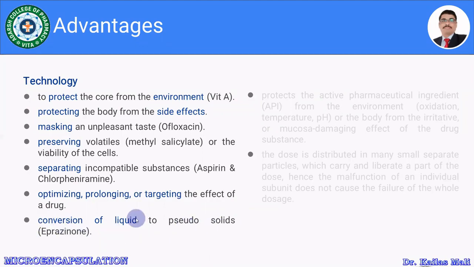So in all, it is going to protect the active pharmaceutical ingredient from environmental oxidation, change in temperature or pH, or the body from the irritative or mucosa damaging effect of the drug substance.